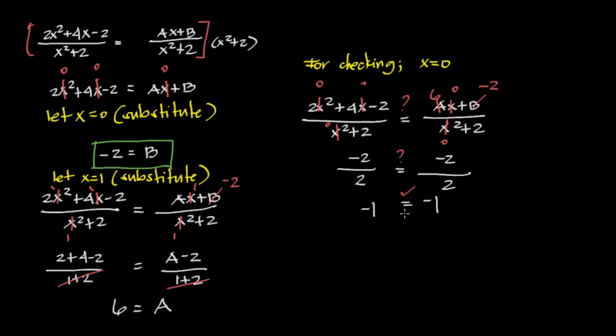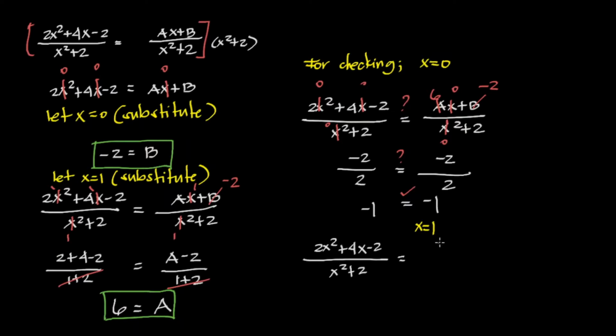Now, another checking, let's try to use x is equal to 1 para ma-double check natin if tama ba talaga yung mga values na nakuha natin. So, ito yung value ni a. So, rewrite natin 2x squared plus 4x minus 2 over x squared plus 2.